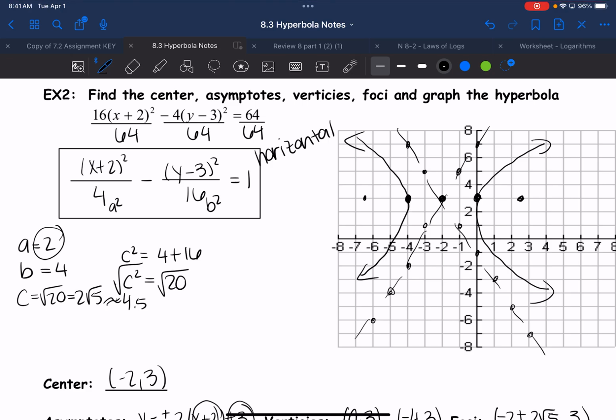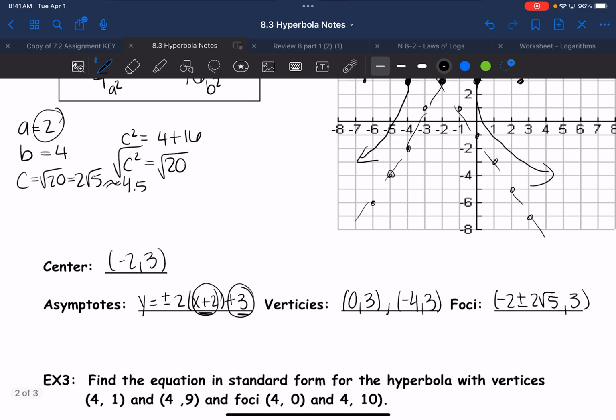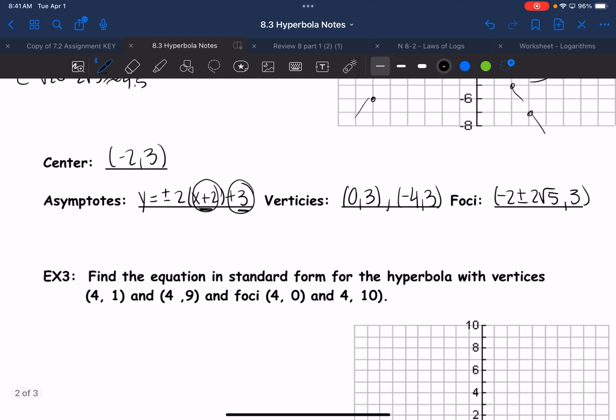So our graph looks something like this. Okay, let's do another one.